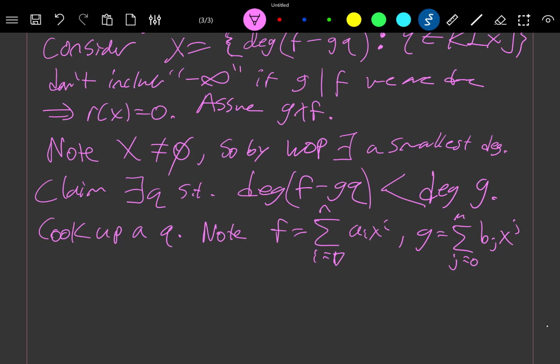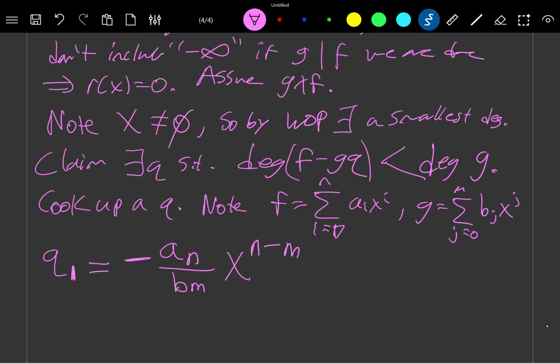We're going to cook up q recursively. Let q1 equal, since we're in a field, negative a_n over b_m x to the n minus m. And recall, n is greater than m.